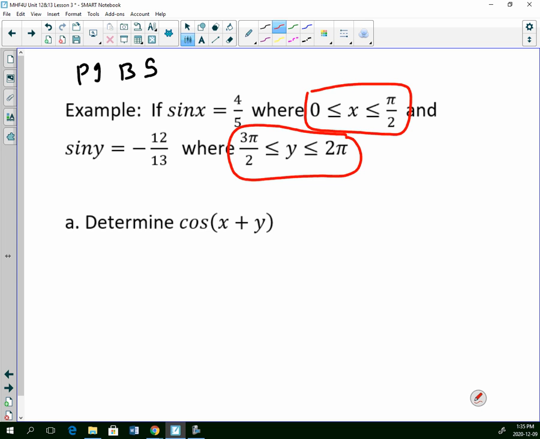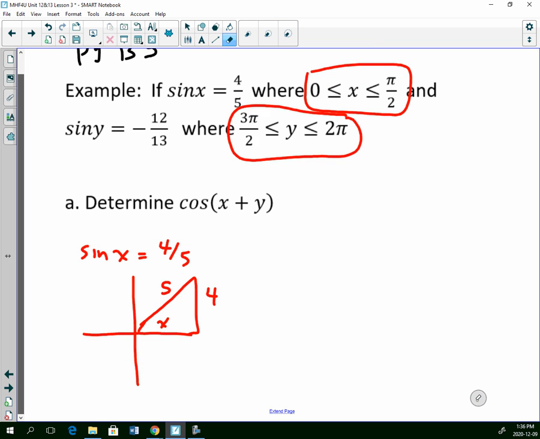So the first thing that we're going to do is locate the angles and find all the sides of that triangle. So it says angle X is in quadrant 1, so I'm going to draw a triangle in quadrant 1. That's angle X. I'll label that. Sine is opposite over hypotenuse.